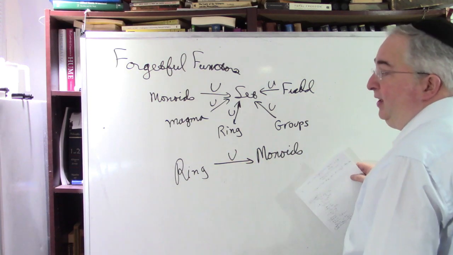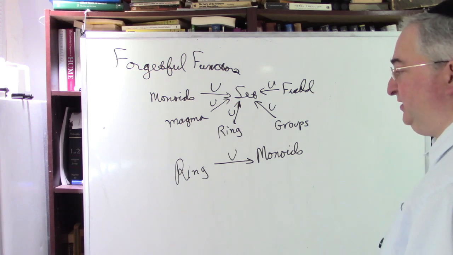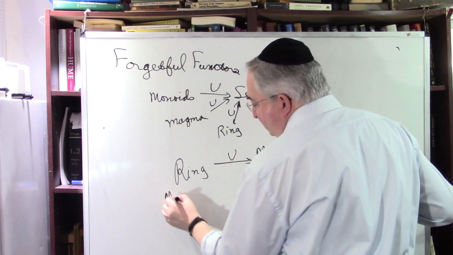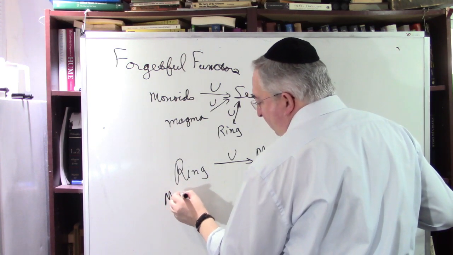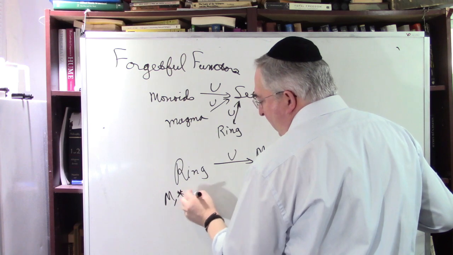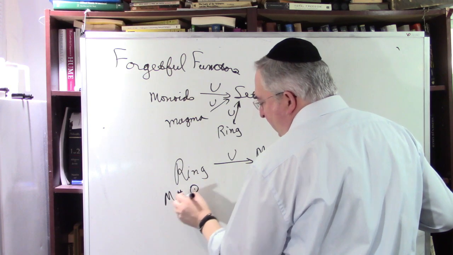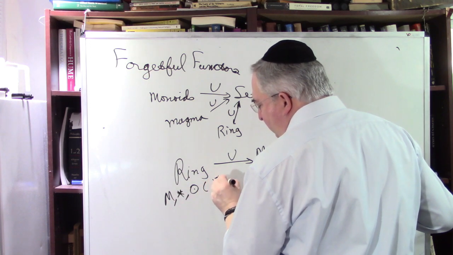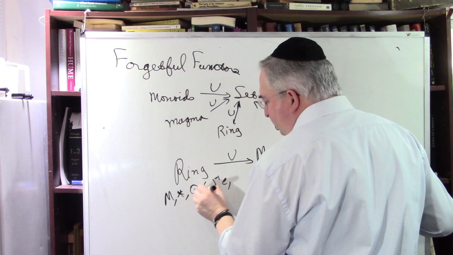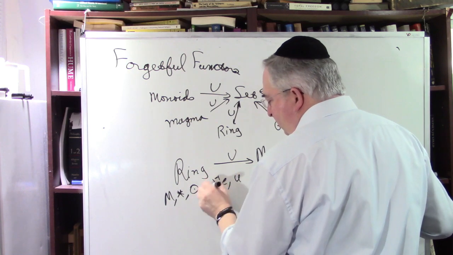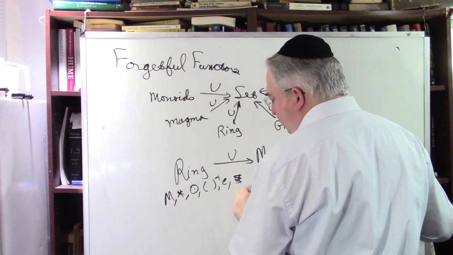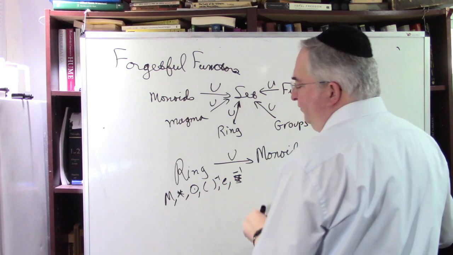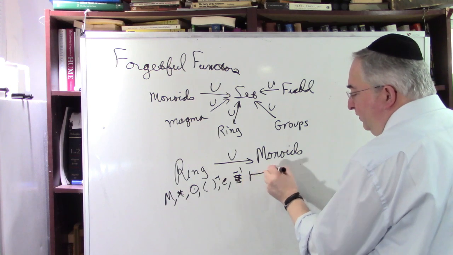Go back and look at, in section 2.1, the definition of a ring. What's a ring? Well, it's a set with one operation and another operation, and this operation has an inverse and an identity, and this operation has an identity. This one doesn't have an inverse, etc. Well, guess what?